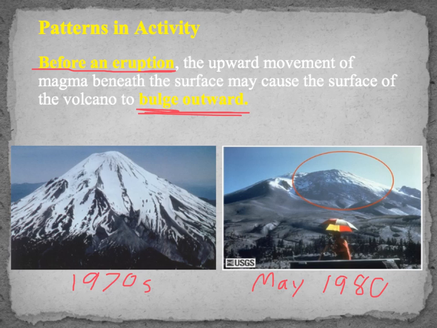I mean, this is the same mountain. This is way before the eruption, before the magma really started piling in, and then so much magma and gas got built in, it was trapped by all this solid rock, that it just started to push that rock, and eventually all this rock right here in this circled area slid down the mountainside right before the eruption.